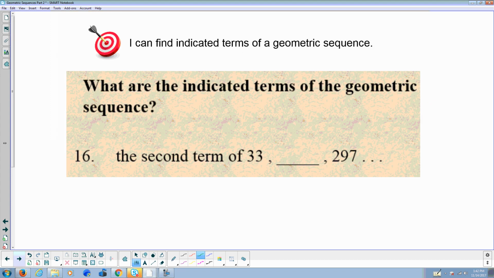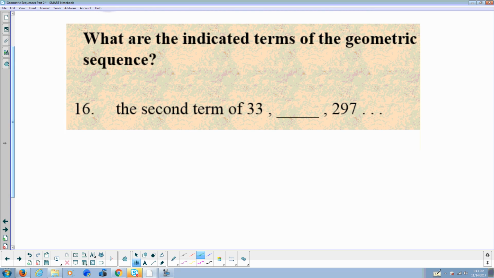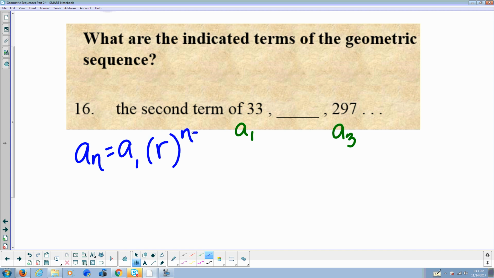The next question says to find the second term of this sequence, 33 then something, and then 297. We could go through the same procedure that we used the last time by saying A1 is given to be 33, A3 or AN is given to be 297. Solve for R. So to do that, using the geometric sequence formula, AN equals A1 times R raised to the n minus 1.